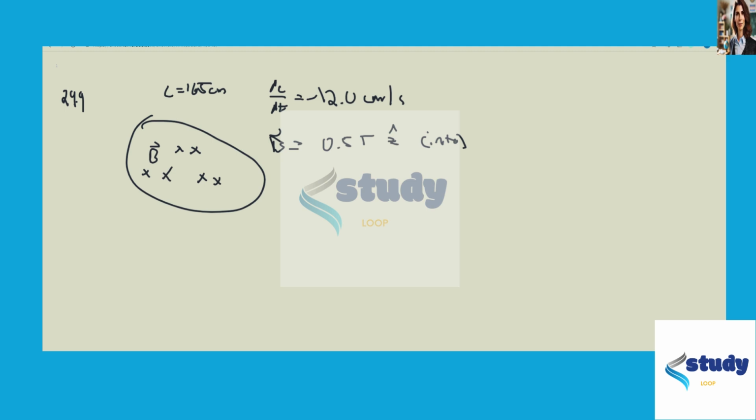9 seconds have passed. Okay, so let's find the magnitude of this using Faraday's law. Faraday's law says the EMF is given by the change in magnetic flux over the change in time. Since the magnetic field is not changing, our flux is given as the B field times A, but our A is changing.